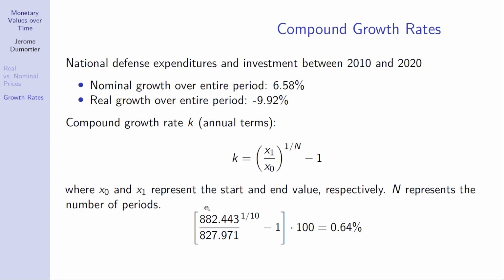If you are interested in the annual percentage change, you apply this formula, and you see that the annual percentage change in nominal terms was actually 0.64%. Note that the 0.64% is different from simply dividing the 6.58 by 10. So if you want to calculate the average annual growth rate, you have to use this equation.